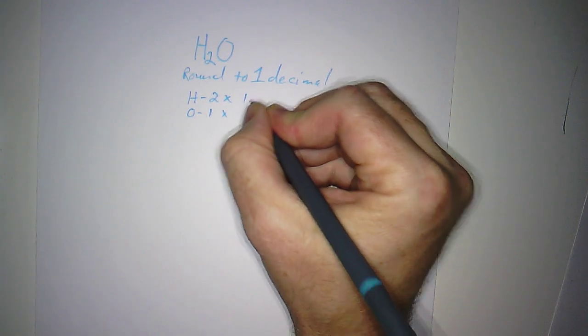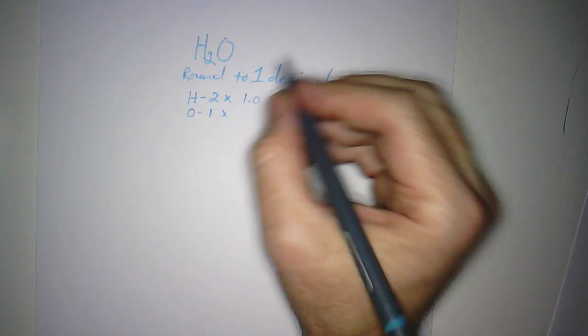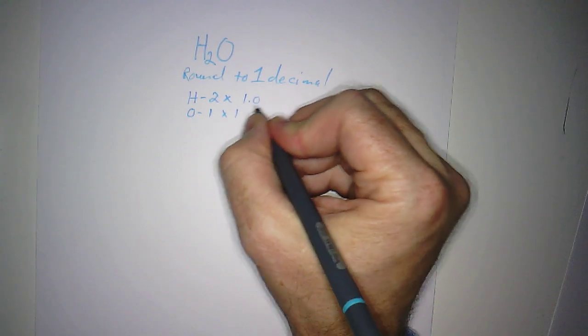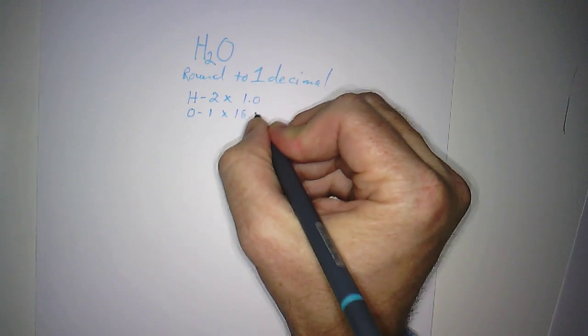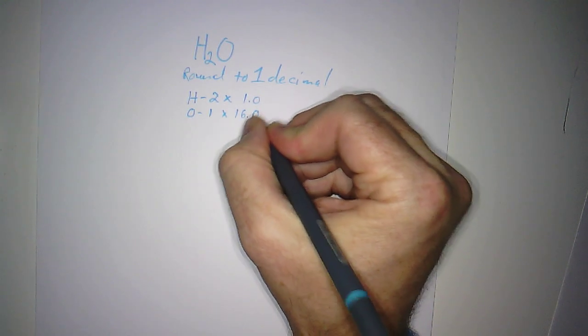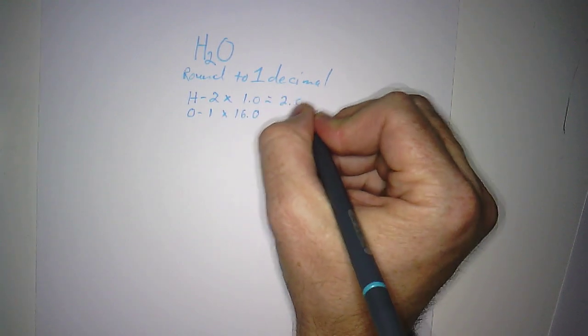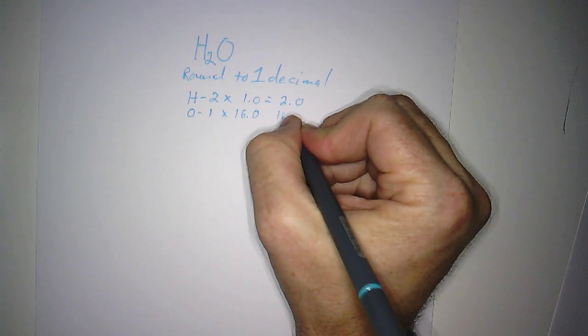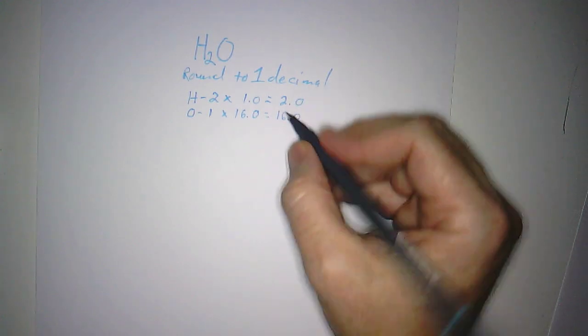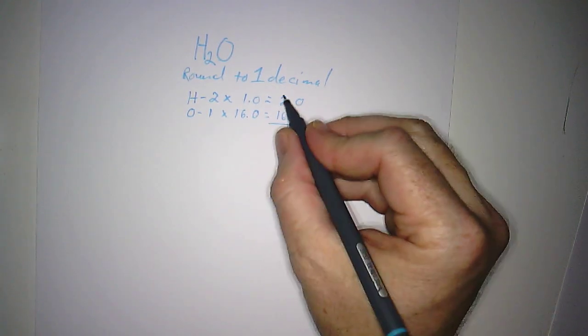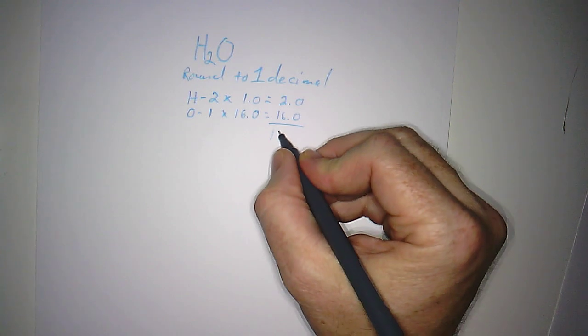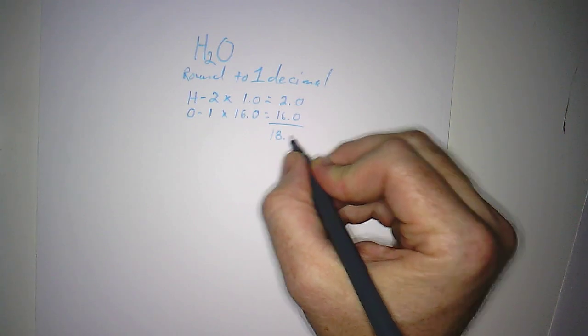For hydrogen, it's 1.0. For oxygen, it's 16.0. Multiply it out. 2 times 1 is 2. 1 times 16 is 16. And add that together now. 2 plus 16 is 18. All right, we use water a lot.